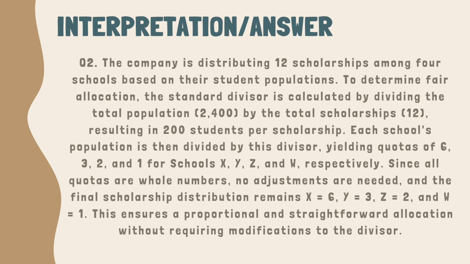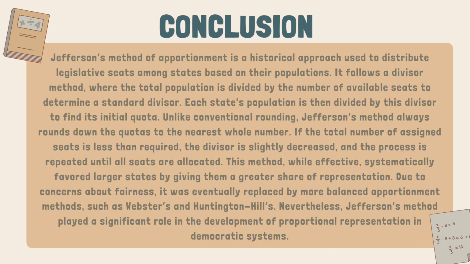Since all quotas are whole numbers, no adjustments are needed, and the final scholarship distribution remains X equals 6, Y equals 3, Z equals 2, and W equals 1. So this ensures a proportional and straightforward allocation without requiring modifications to the divisor.